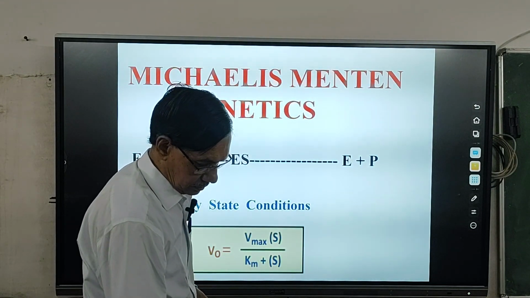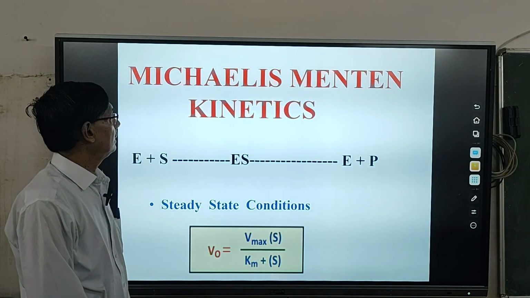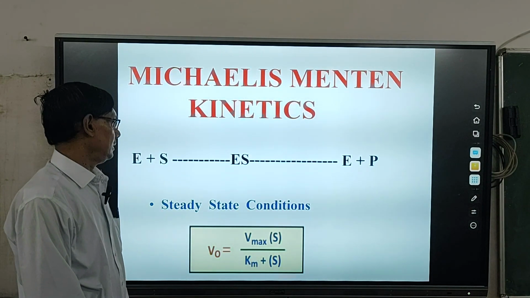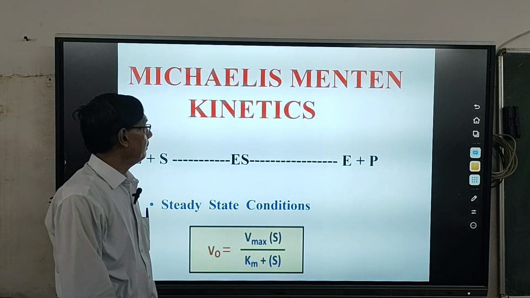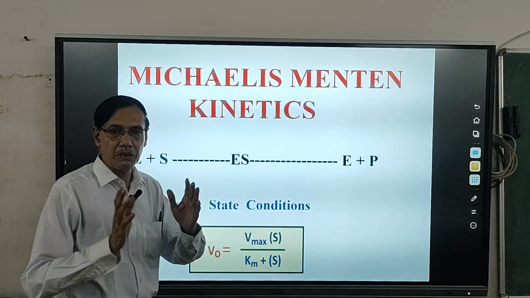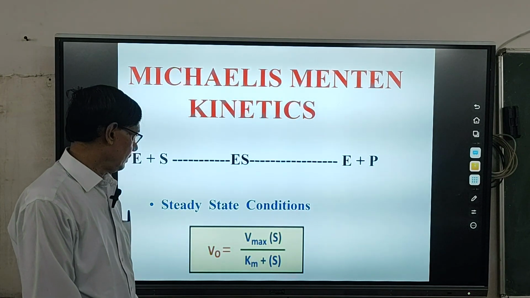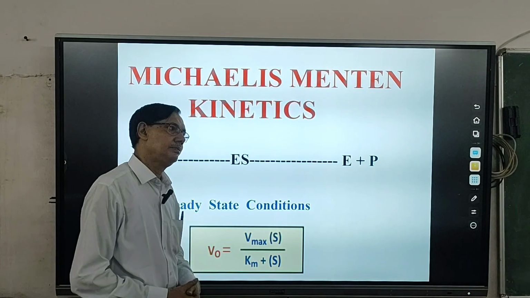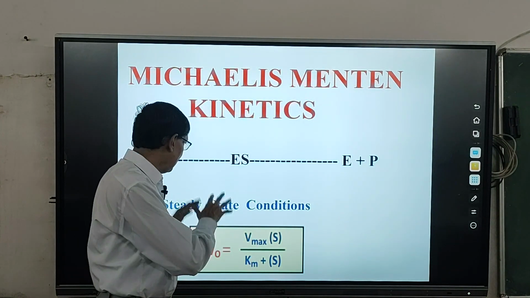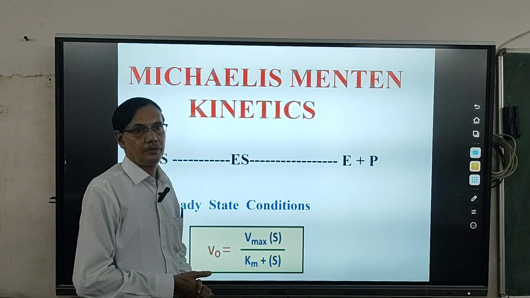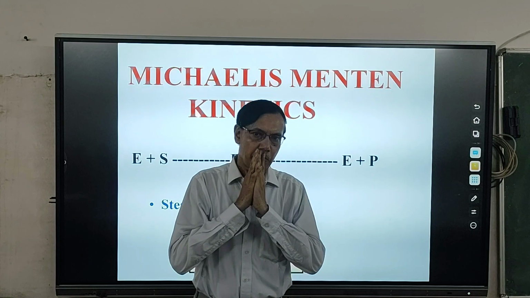Today I will discuss only Michaelis-Menten kinetics, the simple system. You know that in the M.Sc. first semester you have already studied the steady state conditions, sometimes called the steady state hypothesis.